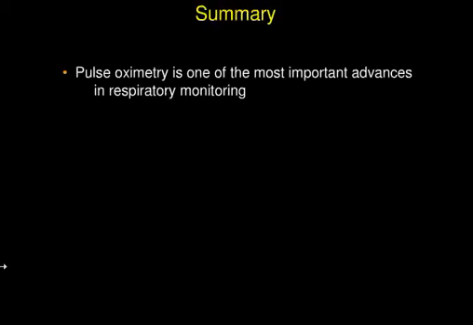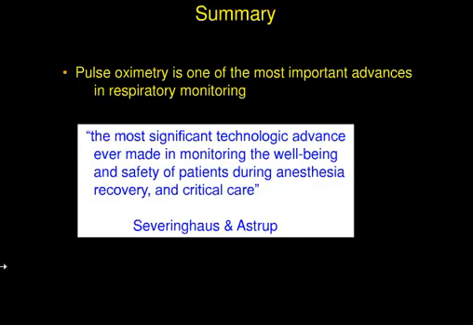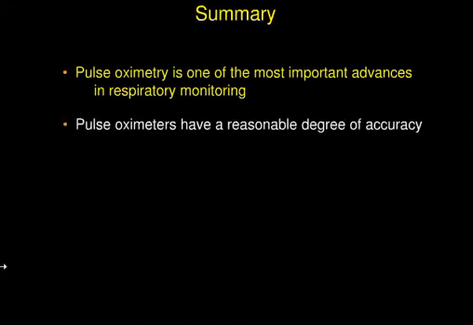So in summary, pulse ox is one of the most important advances in respiratory monitoring. One of the two giants in the field of blood gas measurements, Severinghaus, and Astrup commented that pulse ox was the most significant technological advance ever made in monitoring the well-being and safety of patients during anesthesia, recovery, and critical care.